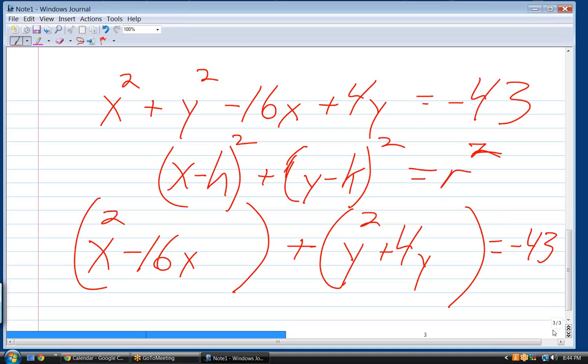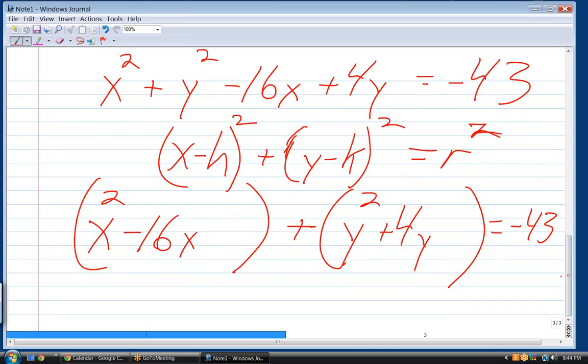Now let's complete the square on this left part, the x part. 16 divided by 2 is 8, squared is 64. And then you're always adding. Since I added 64 to the left, got to add 64 to the right. Now complete the square on the y term.